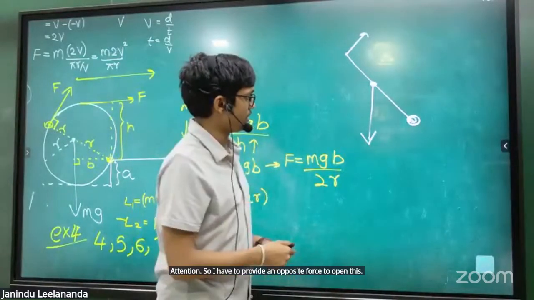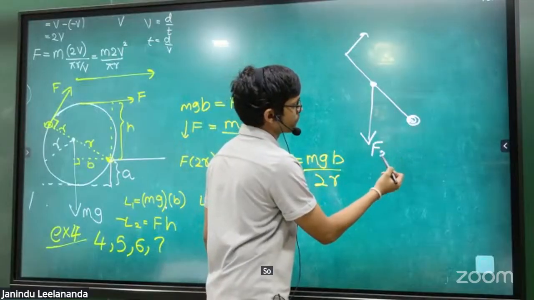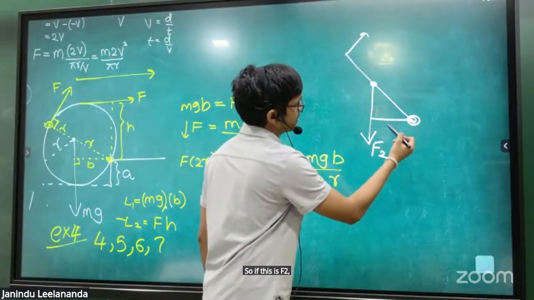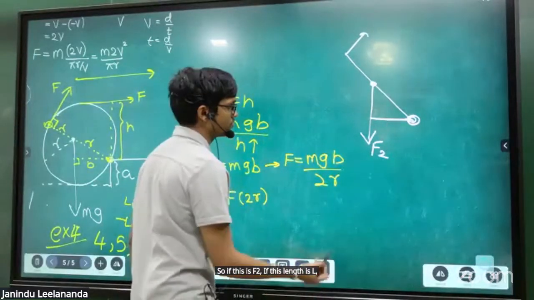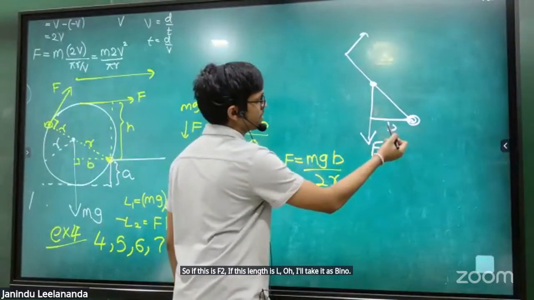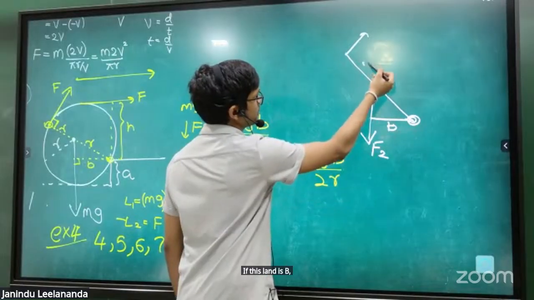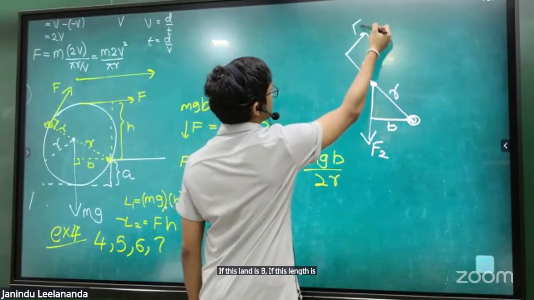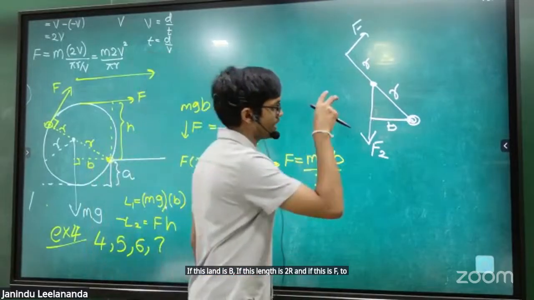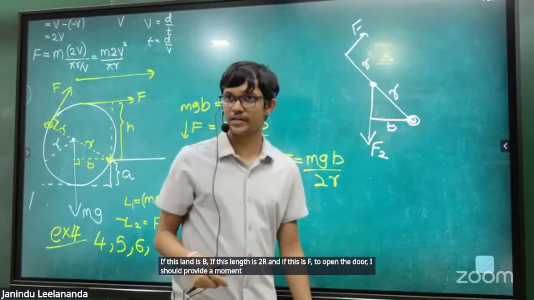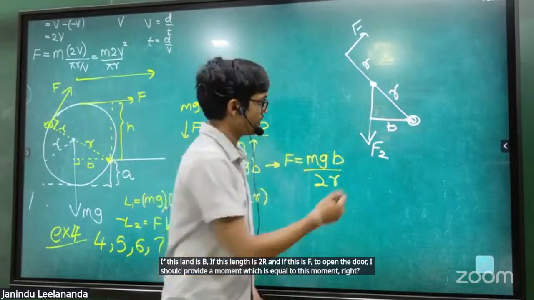So if this is F2, if this length is L, oh, I'll take it as B now. If this length is B, if this length is 2R, and if this is F, to open the door, I should provide a moment which is equal to this moment, right? Clear? So what is this moment?